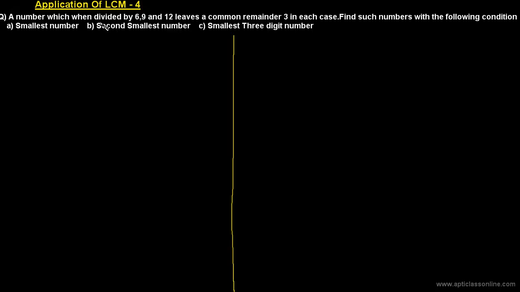So we have seen in the 3 previous classes of application of LCM that if we have to find a number which is completely divisible by 6, 9 and 12, then it can be found with the help of the LCM of 6, 9 and 12.